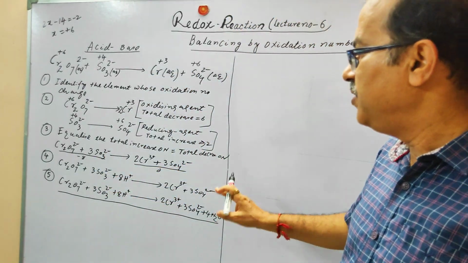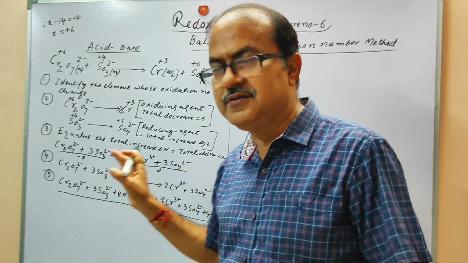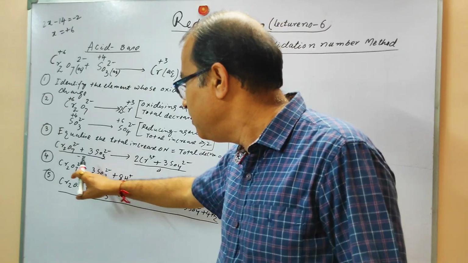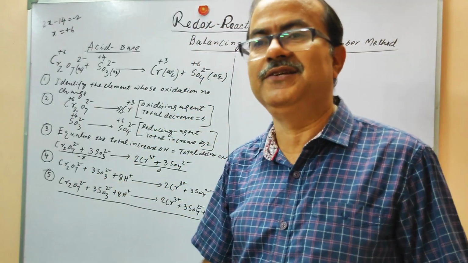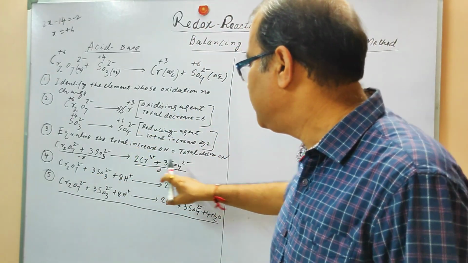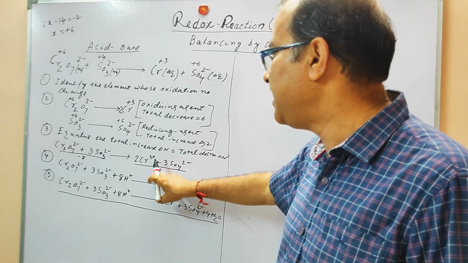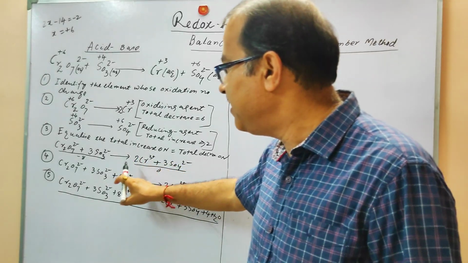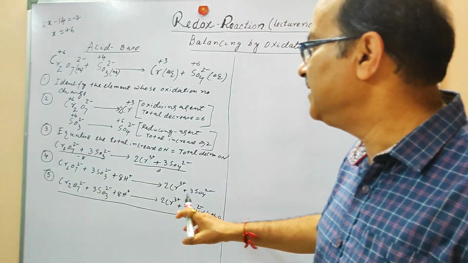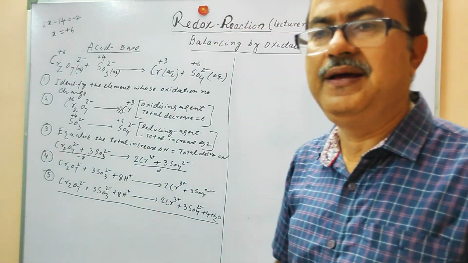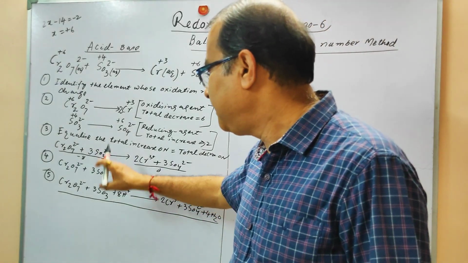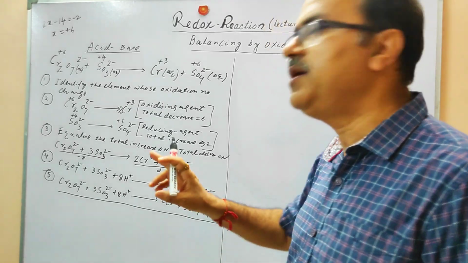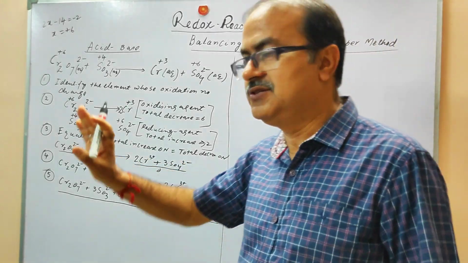After that, as this reaction is carried out in acidic solution, we have to balance the charges. What we find is that there was 0 charge on the right hand side and -8 charge on the left hand side, so we made the charge equal by putting 8 H plus ions, and after that we balanced these 8 H plus ions by putting 4 H2O, and after that the reaction is balanced.